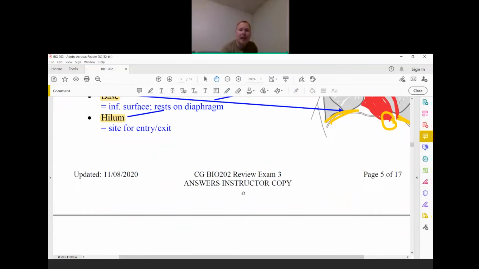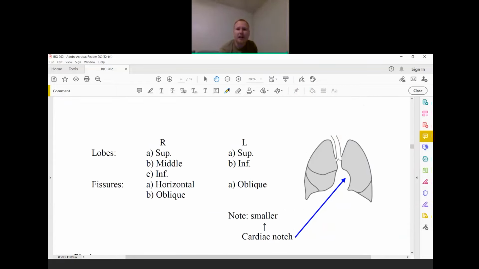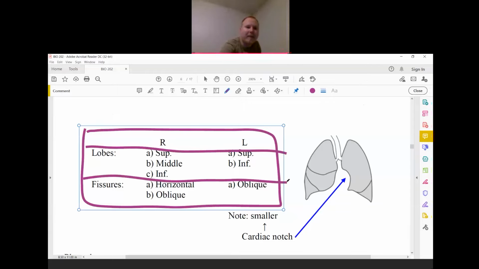We're going to discuss the lungs a little further. So what we're seeing here is some key characteristics of a typical set of lungs, and we're going to go through those. Remember though that there is individual variation, so everything isn't this black and white. You might end up seeing some variation from this.